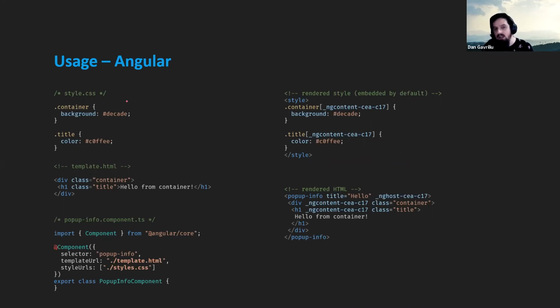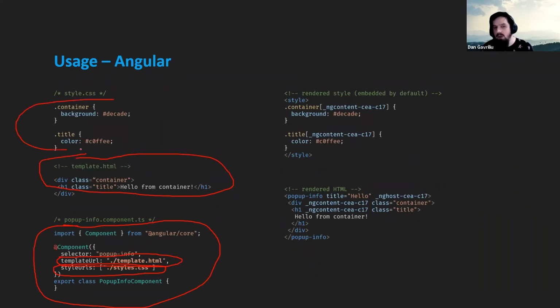So in general, what you can do with Angular is you create a custom Angular component, which is extremely fancy to create. You define the URL for an HTML file, which is the template, and also for the CSS. These are the files. They have absolutely nothing special. And afterwards, Angular at runtime would end up with something like this for the style. Notice some additional things here for the container class. And the same goes for the title.